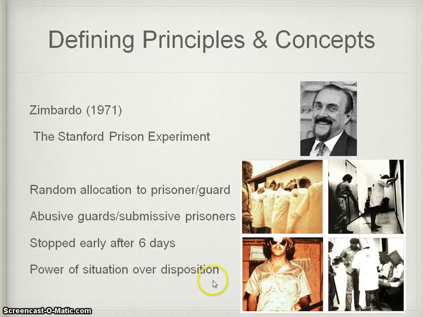Our individuality can be changed by the situation, just by giving us some shades and a guard's uniform or a prisoner uniform. We immediately change our individuality, our disposition. We can become people that we aren't. We can become evil. And those were the main arguments, and they lasted many years in the social approach.